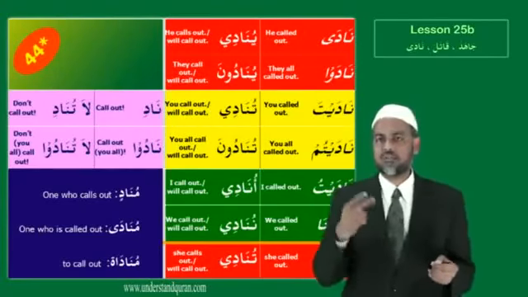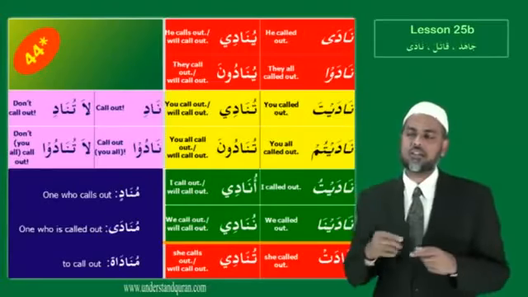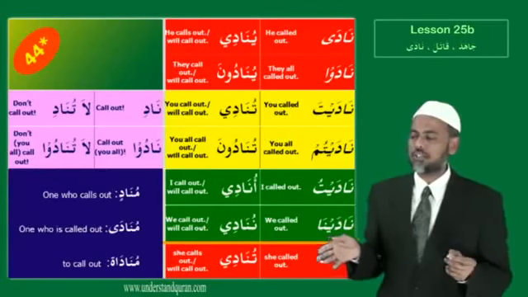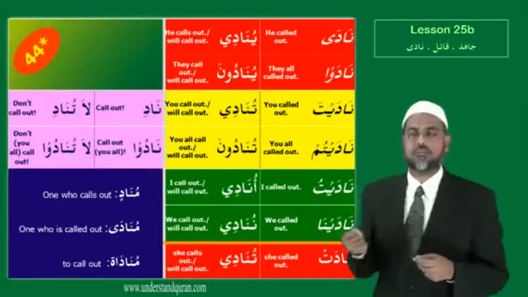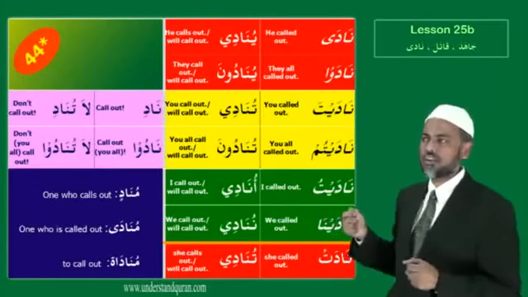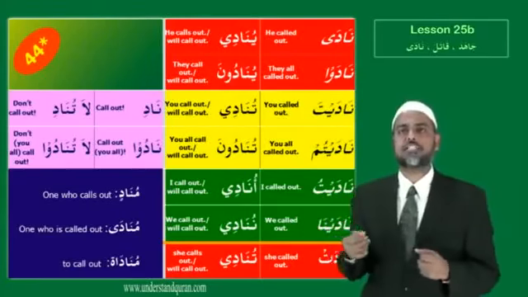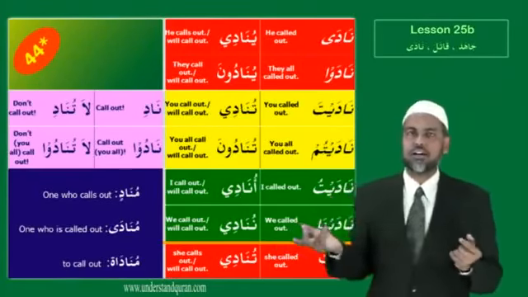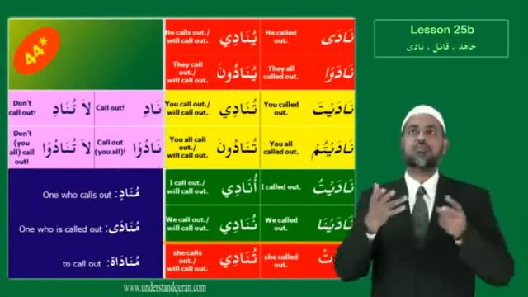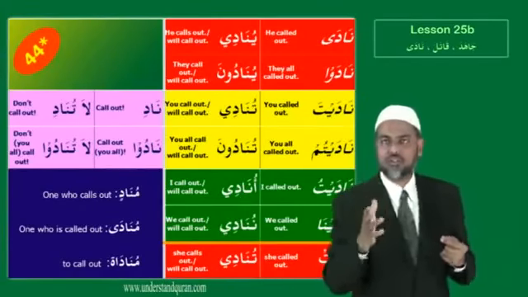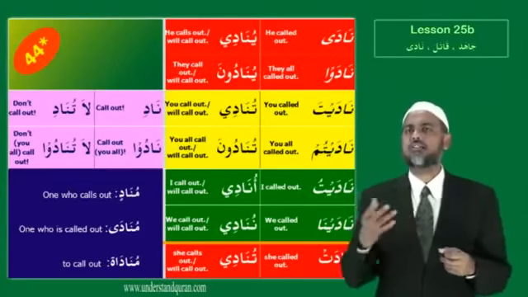Similarly, qatala means you fight only when the other person is fighting, otherwise there is no fight. Similarly, nada: you don't call in space or to empty things, you call someone. So there are parties involved. Similarly bahatha, jadala, and so on.